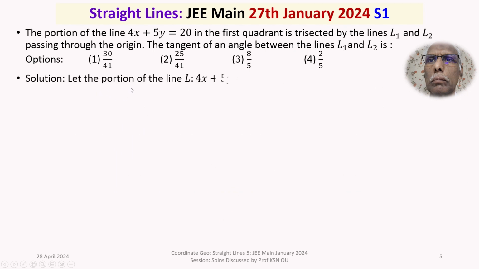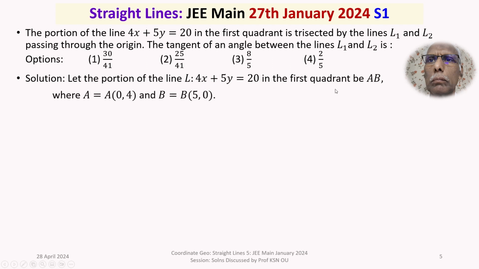Let the portion of the line L, 4x plus 5y is equal to 20, in the first quadrant be AB. Let's call this AB. The line is 4x plus 5y is equal to 20. It is x by 5 plus y by 4 is equal to 1.